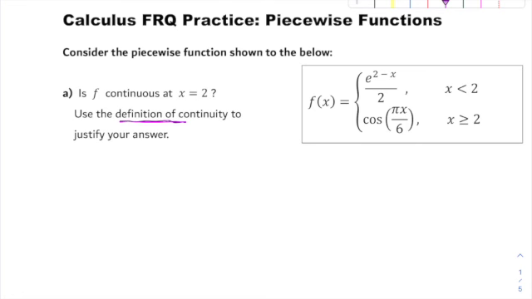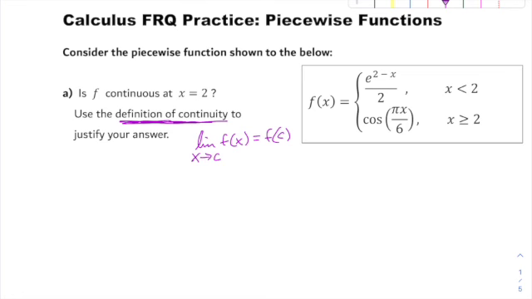So the definition of continuity is showing that the limit exists as x approaches c, whatever that c may be. In this case it's 2, and that means also showing that the y value exists at c and that they're the same.